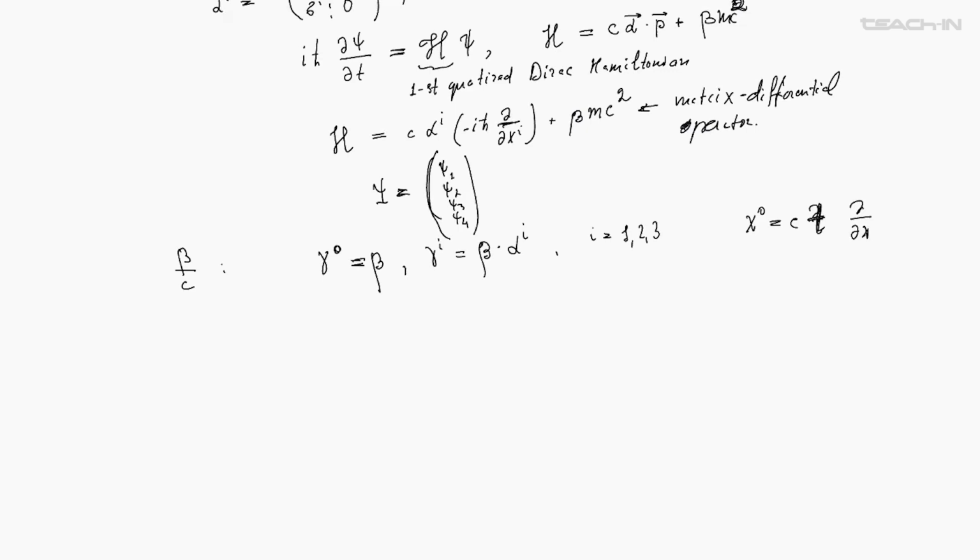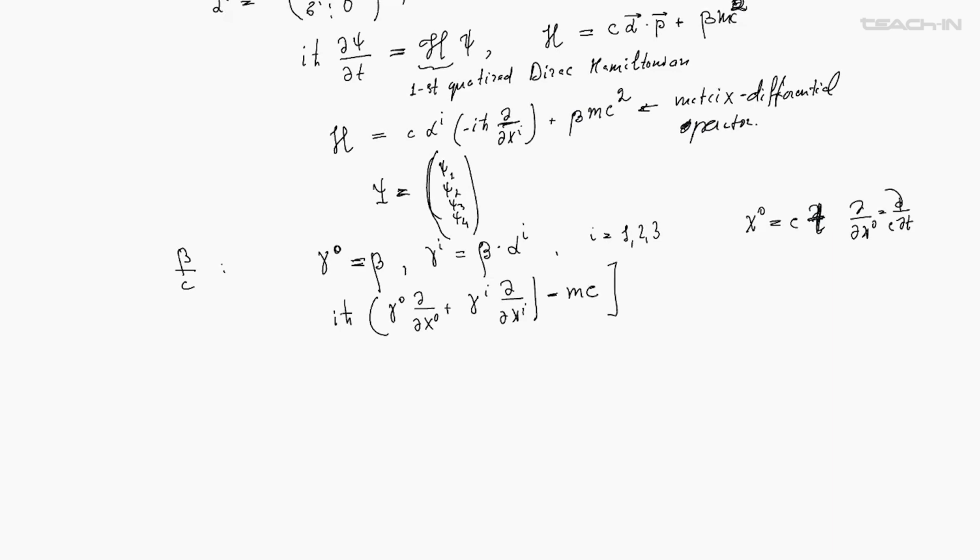Then our Dirac equation can be written in a more symmetric form: i h bar (gamma 0 d over dx0 plus gamma_i d over dx_i) minus mc, multiplied by psi, equals 0.